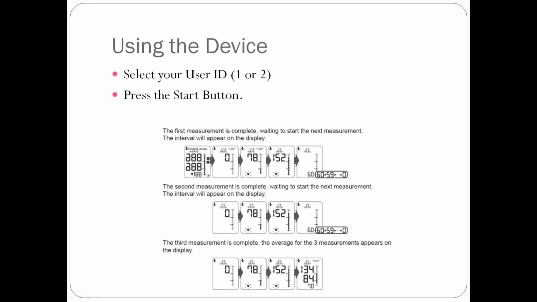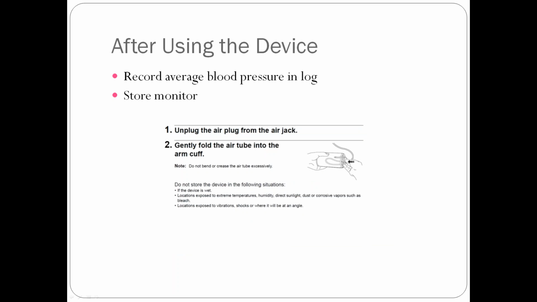Select your user ID and press the Start button. The arm cuff starts to inflate automatically and will take 3 measurements in a row. You will not need to press Start again. After using the device, record average blood pressure in the log and store the monitor.